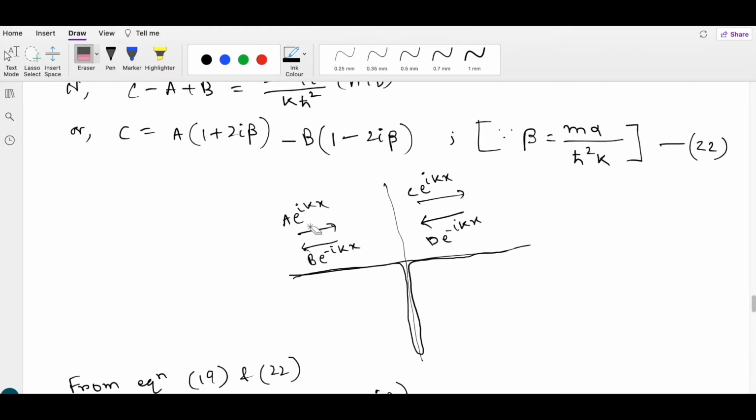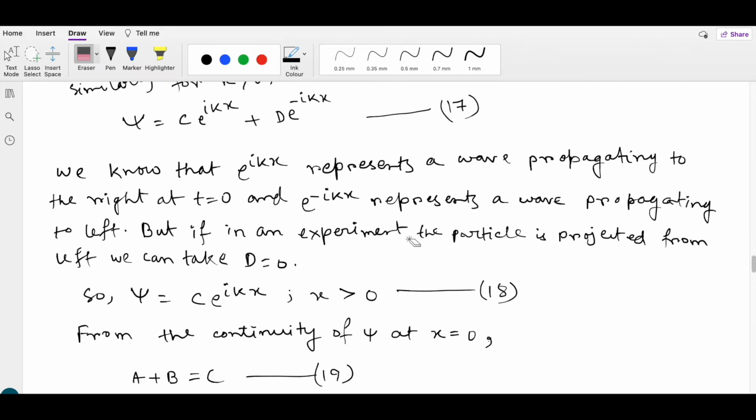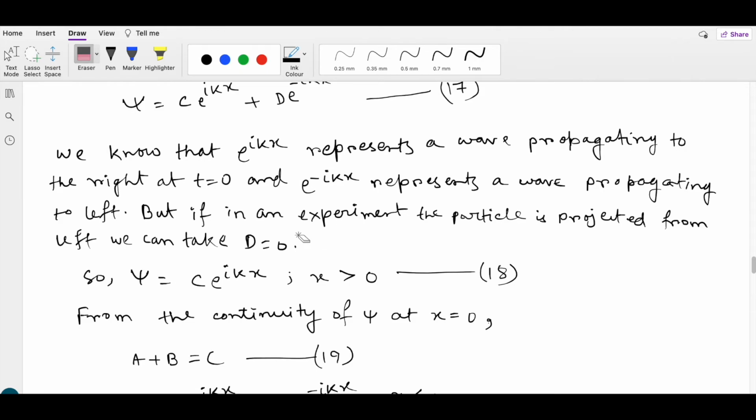If the particle is projected from left, it will bounce back from the potential barrier, and also it may transmit through the barrier. But the term e^(-ikx) is useless for that case. So we are taking D equals 0.